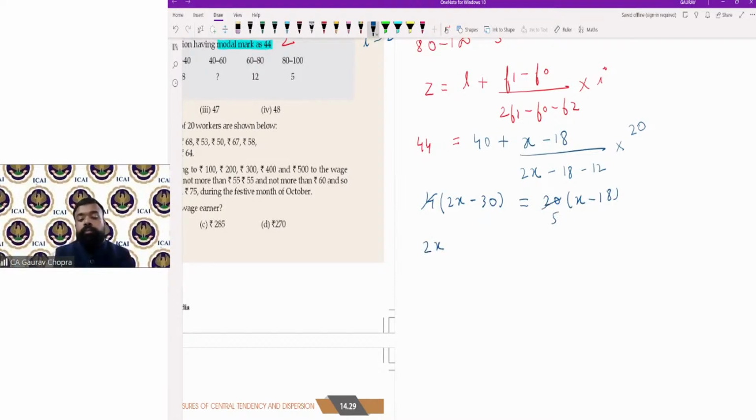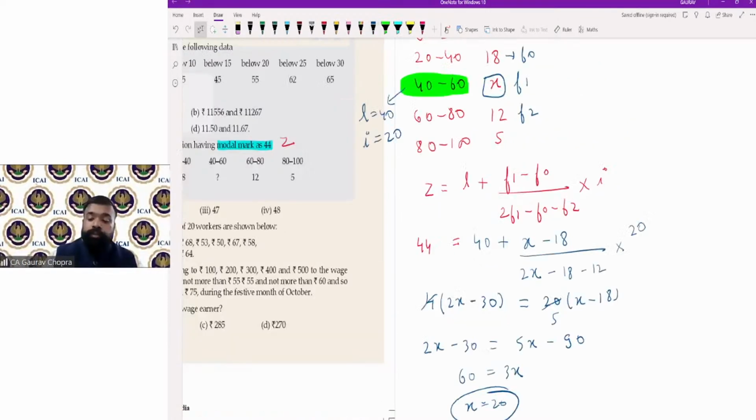So 2X minus 30 is equal to 5X minus 90. So X is equal to 20. So now you have computed X equal to 20. Now substitute this 20 here and then find out the arithmetic mean.